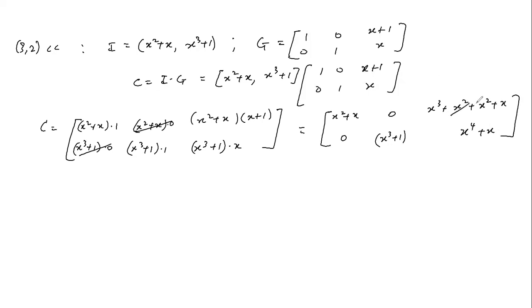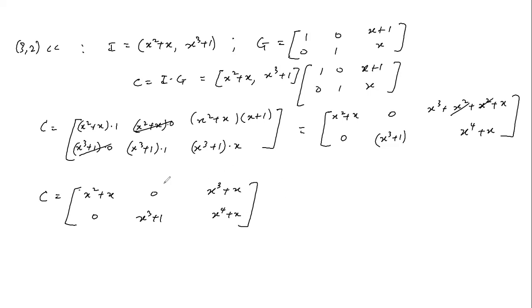Now, by modulo 2 addition, this will truncate this. So we have C equal to x squared plus x, 0, 0, x cubed plus 1. And here we have x cubed plus x. And here we have x to the power 4 plus x.